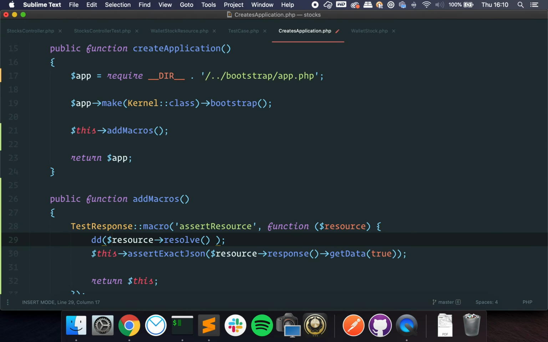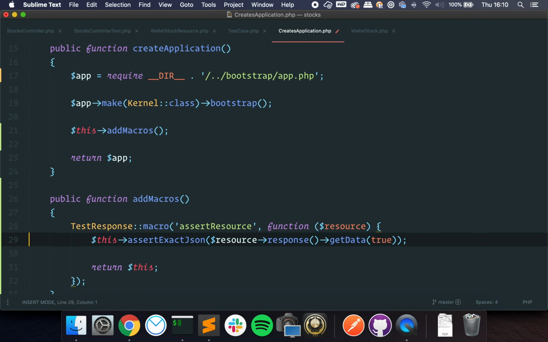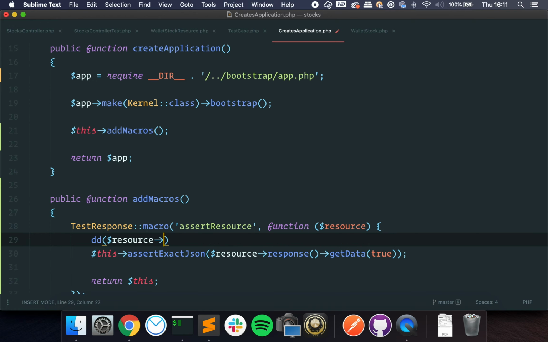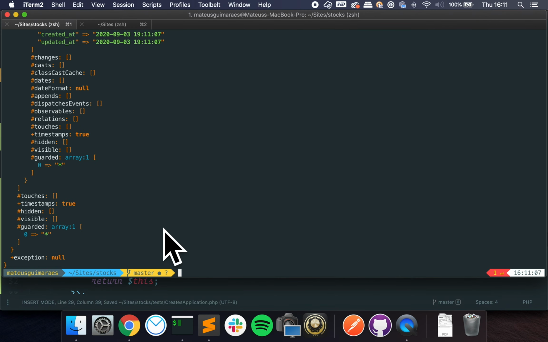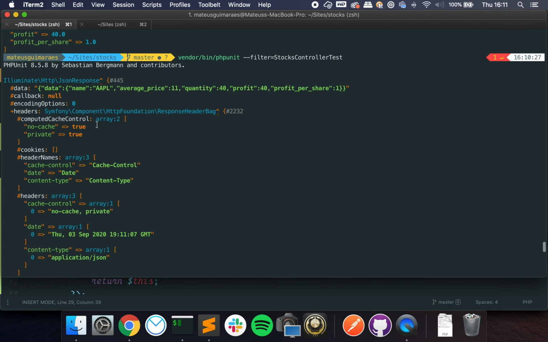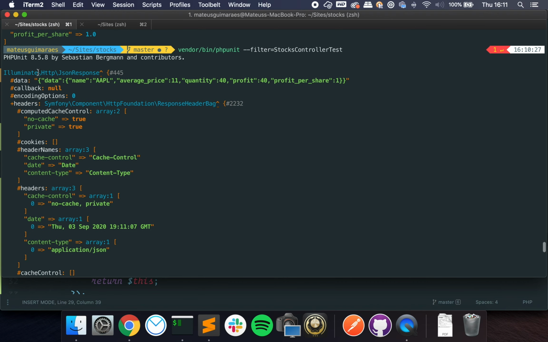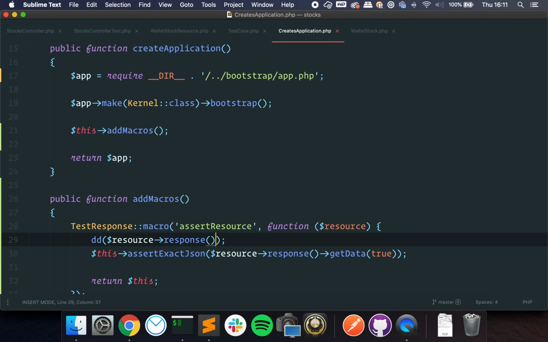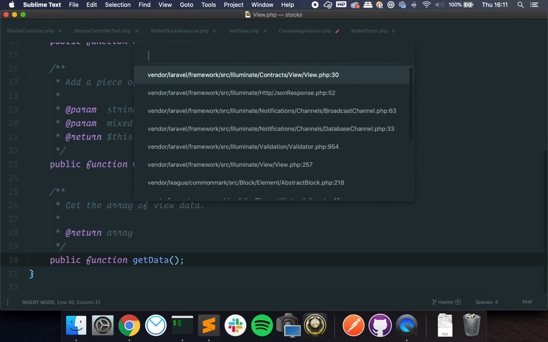Sure, you could assert something like data, something like this. But if you go to the resource and you call the response method, see what you get. You get a JSON response with the data, and then you can call get data.